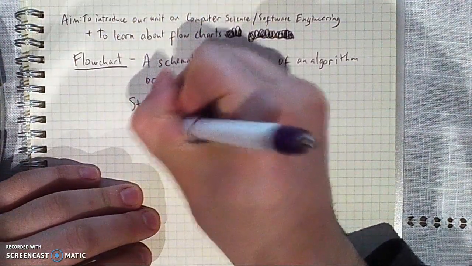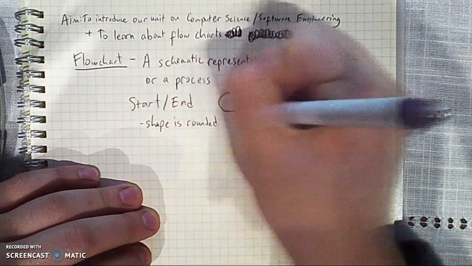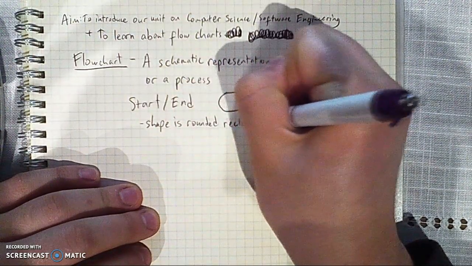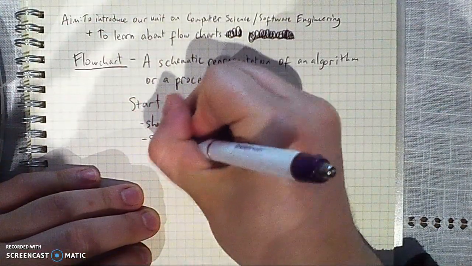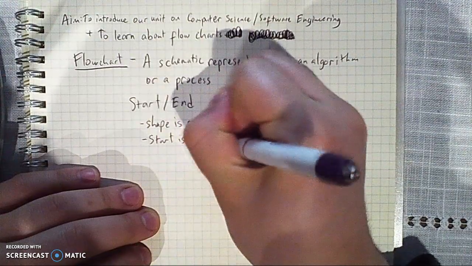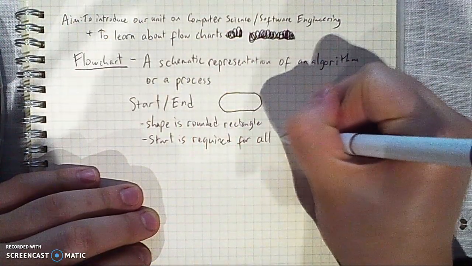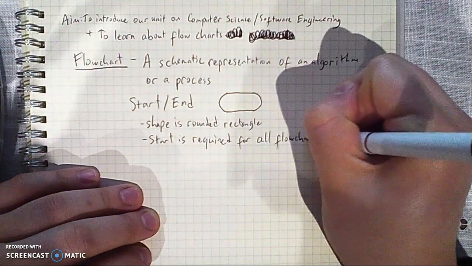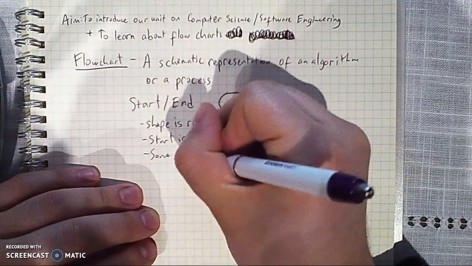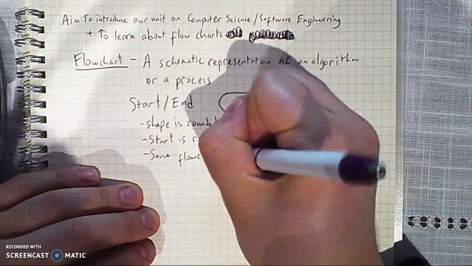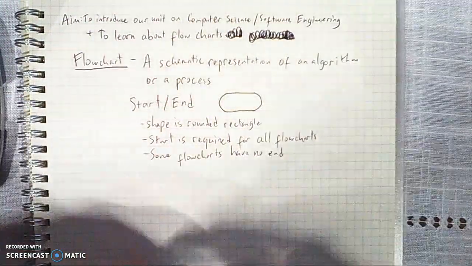So shape is a rounded rectangle. Start is required for all flowcharts. Some flowcharts have no end. They just go on forever.